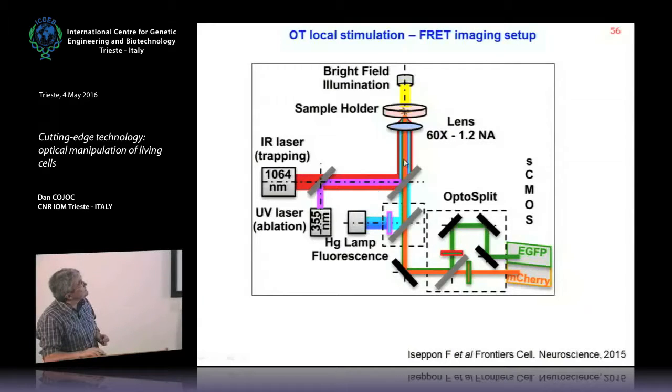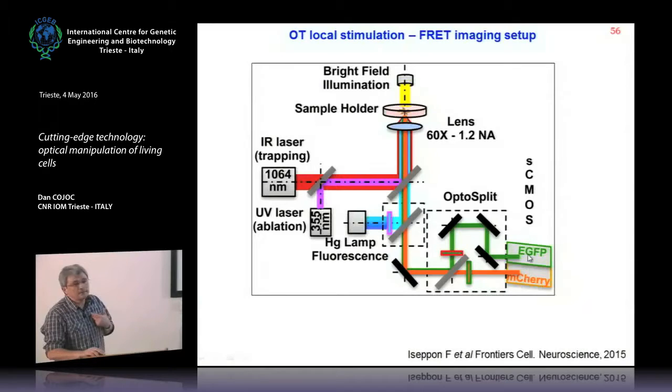The optical setup includes a microscope with fluorescence. At the exit port of the microscope, we add an optosplit device which allows you to separate the two channels, like in calcium ratiometric imaging, for instance. So you have the fluorescence from the donor and from the acceptor, which you can separate.